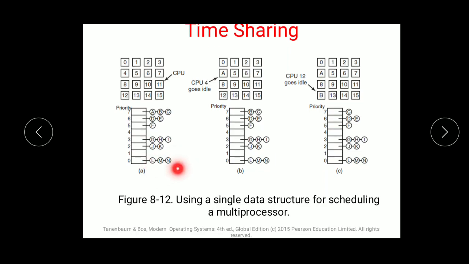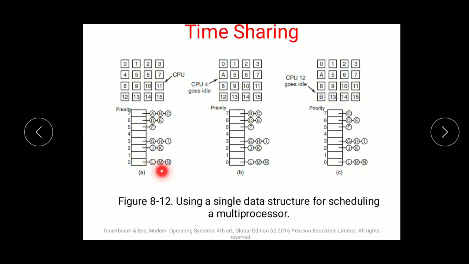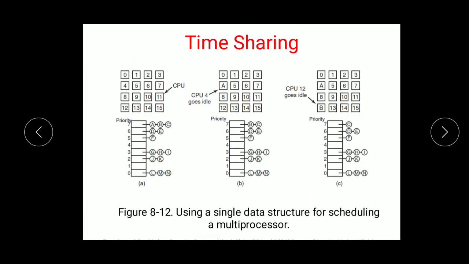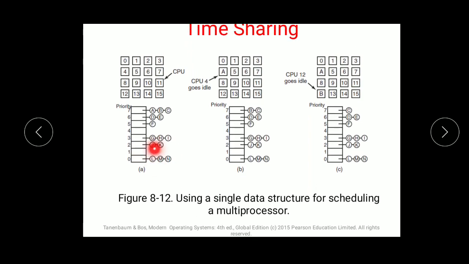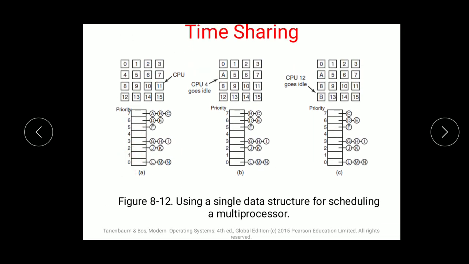In the first one, CPU 0 has threads L, M, N, so 3, 11, again 11 is where the CPU is working, so all the others are set by priority levels that determine how they will access the data. Then CPU 4 goes idle. If this goes idle, what will happen? They have explained it properly.